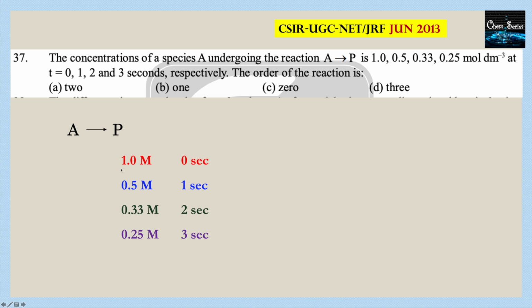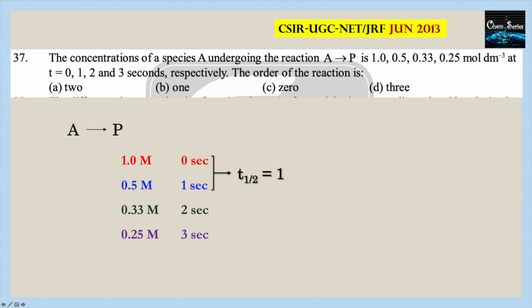Initially the concentration of the reactant was 1 molar at 0th second, and it takes 1 second to reduce to half its amount, that is T half will be 1 second.